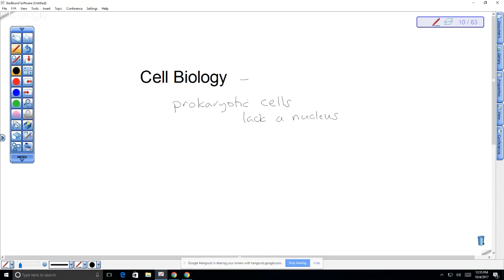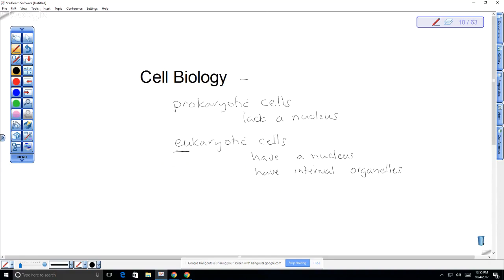Okay. This is as opposed to eukaryotic cells. So anytime you see "eu" in front of a word, this means good. Eukaryotic cells have a nucleus. They also have internal organelles.